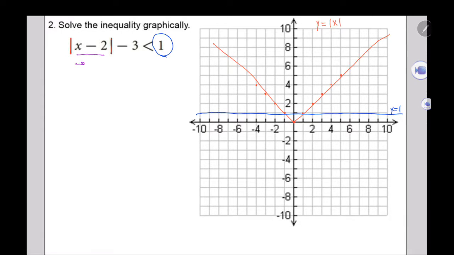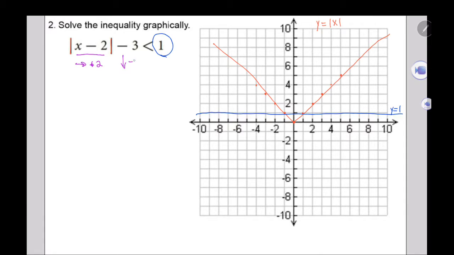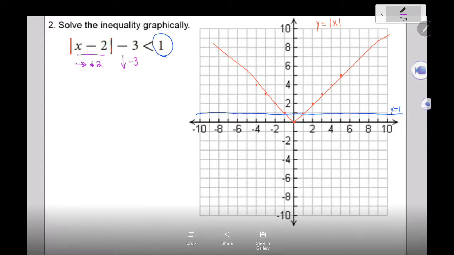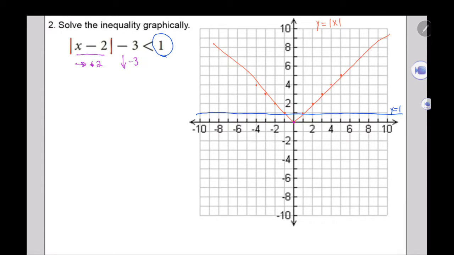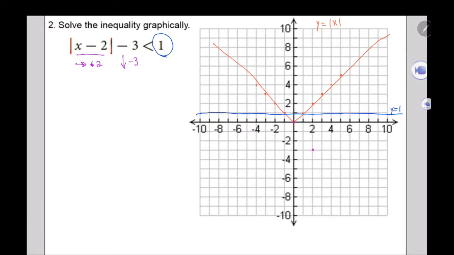So this means go over 2 places to the right, which to me seems like positive. I know it says negative, so to me that's opposite. And then the negative 3 does indeed go down 3. So we're going to go from our (0, 0) point that we started with for our parent function, and we're going to go over 2 and down 3. So here's our new bottom of our V.